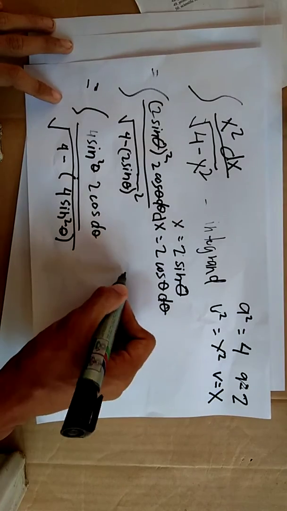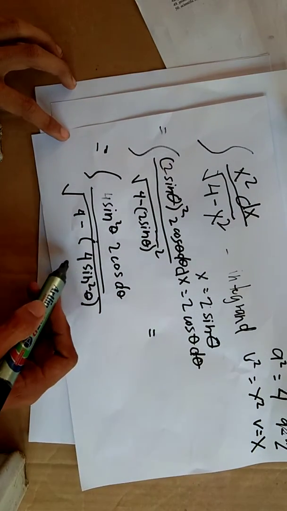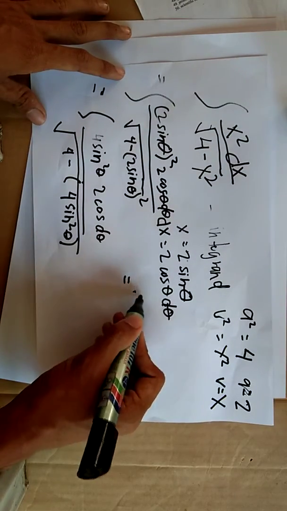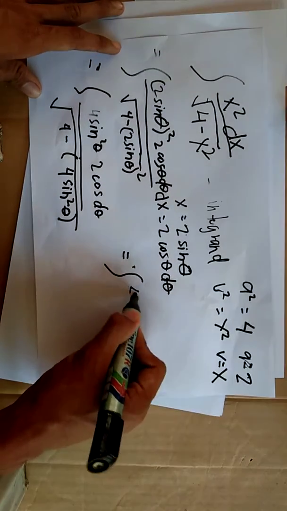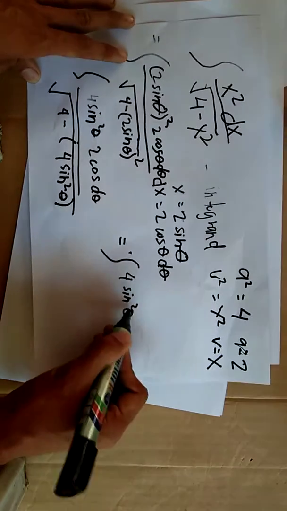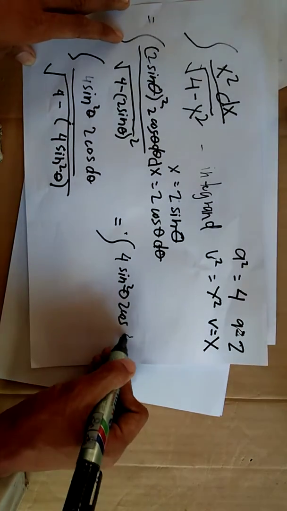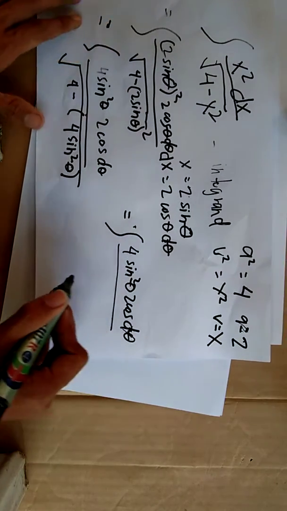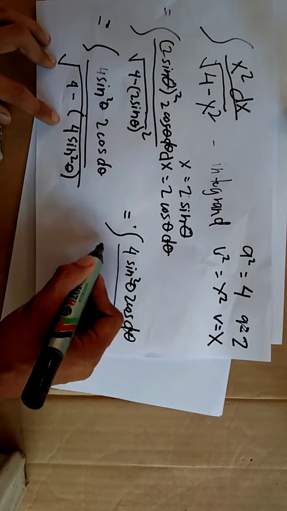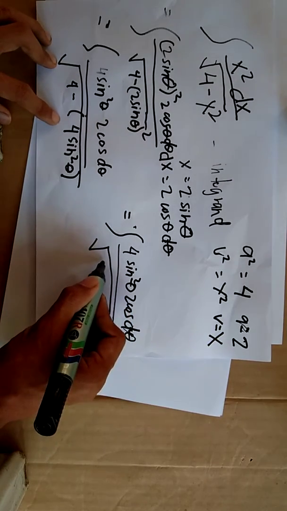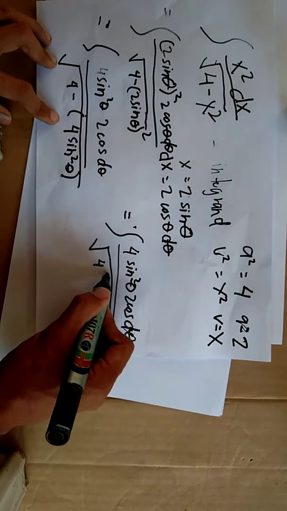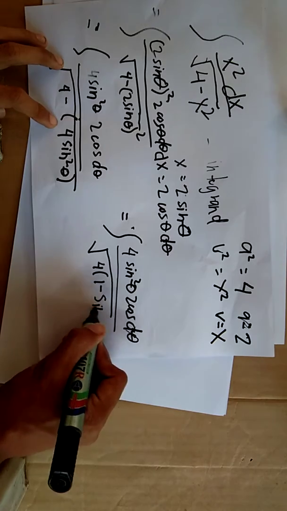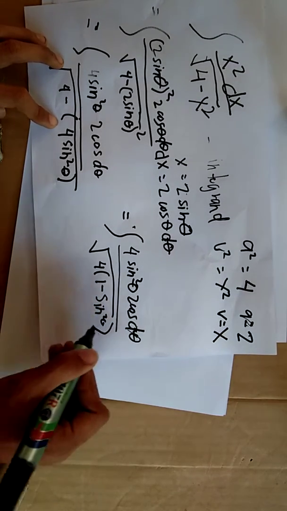Our next step, we will extract 4 in this equation. We will just copy the numerator here. Then we will extract 4 in our denominator. Our term here will be 4 times 1 minus sine squared theta.